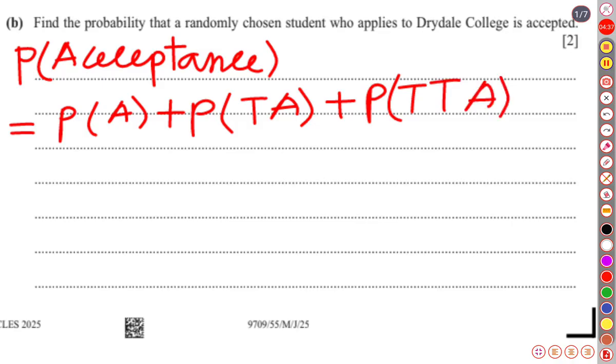These are the possible cases. So if someone is accepted in the first attempt, the probability is 0.3.